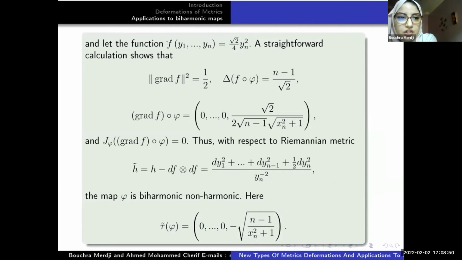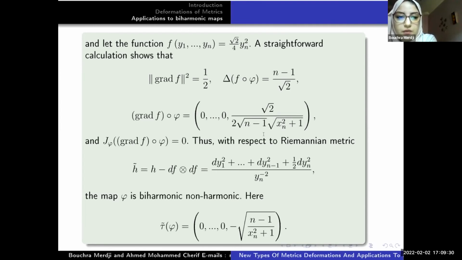We have the function f applied to y1 until yn, which is equal to the root of 2/4 yn squared. So after some computation, we find that the squared norm of the gradient of f is equal to 1/2, and the Laplacian of f circle var phi is equal to n minus 1 over the square root of 2. And then the gradient of f circle var phi is equal to this vector field.